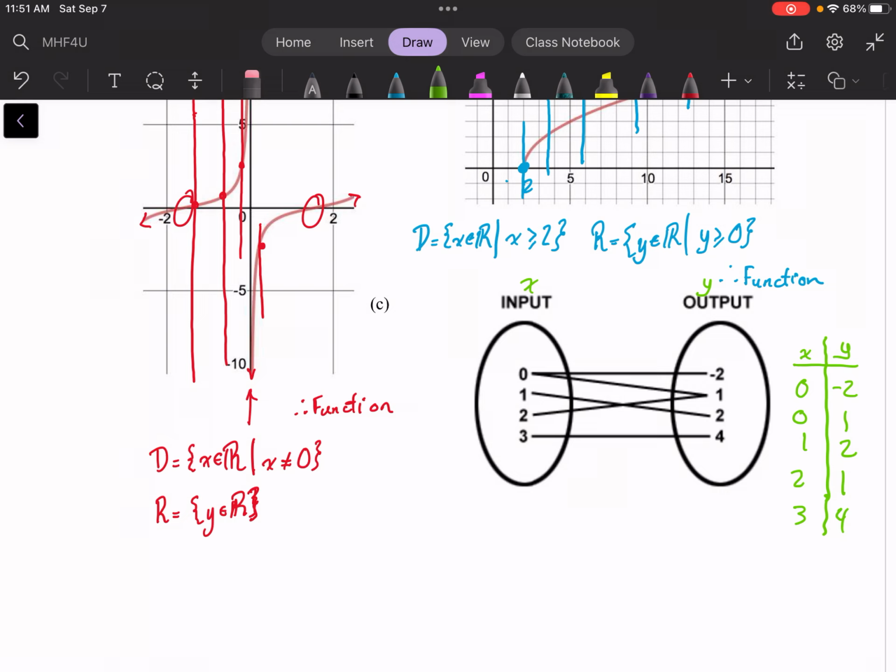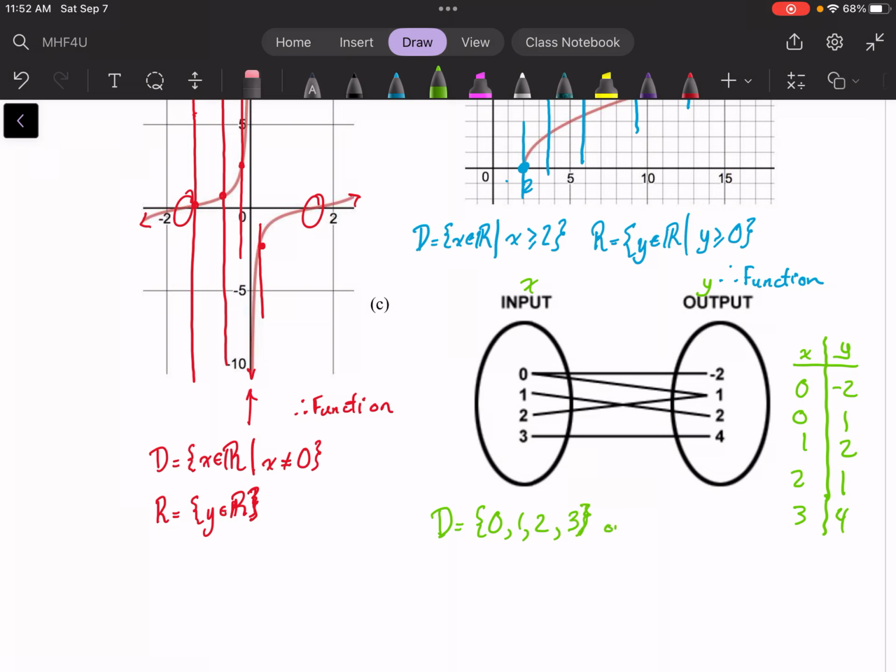Well, what you can notice is, first of all, these are all x values, and we only have specific x values. So what you can do is write your domain just by listing the x values. In this case, 0, 1, 2, and 3. Usually you write them in numerical order.